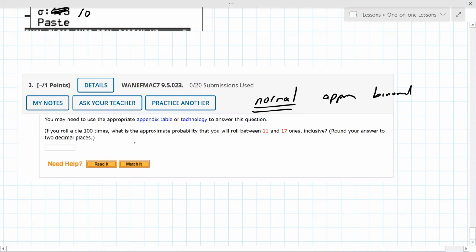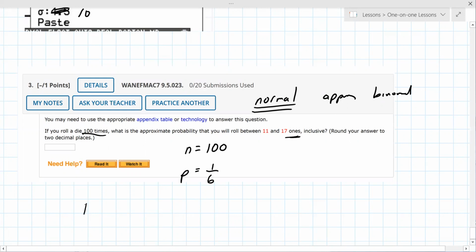So let's see, how are we going to do this here? All right. I feel like this is going to be very unclear, but there's you rolling something 100 times. That's right here. And they want to know the probability of rolling a 1. So your probability of rolling a 1 with a dice is 1 out of 6.